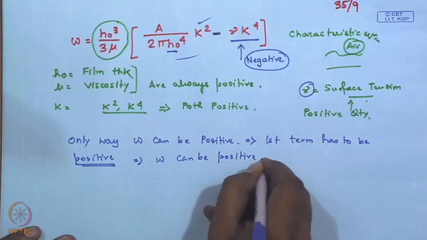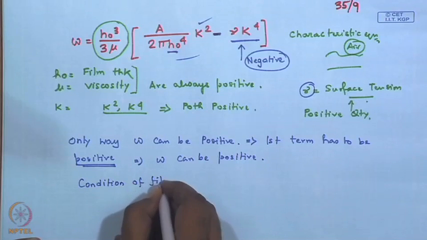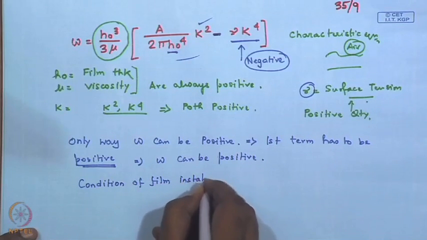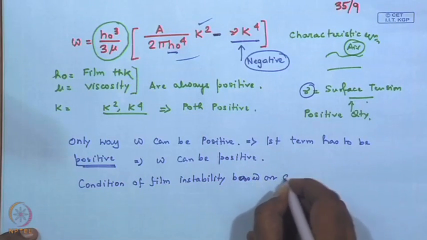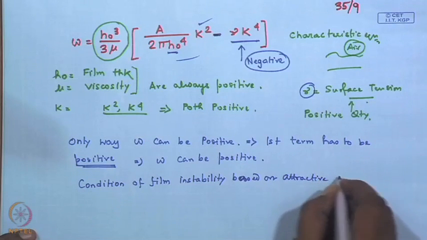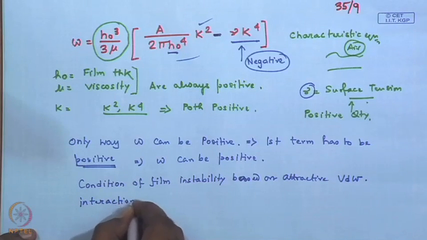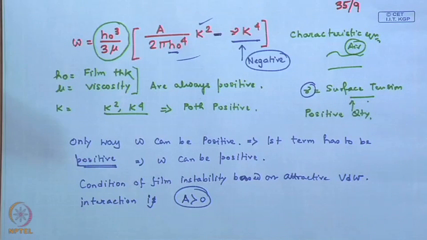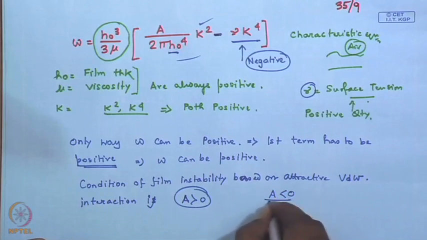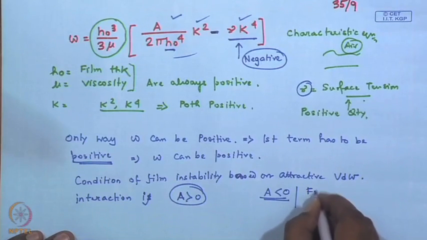Therefore, now we clearly understand the condition of film instability based on attractive van der Waals interaction: A has to be greater than 0. This is number 1. For any system where the effective Hamaker constant is negative, this term is negative, this term is also negative, therefore the film is unconditionally stable.